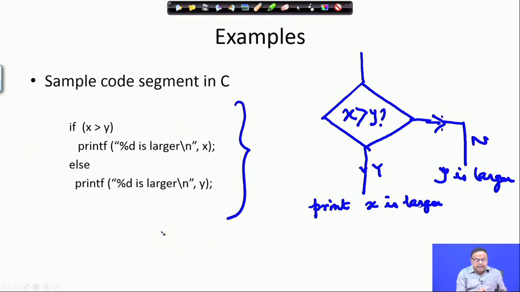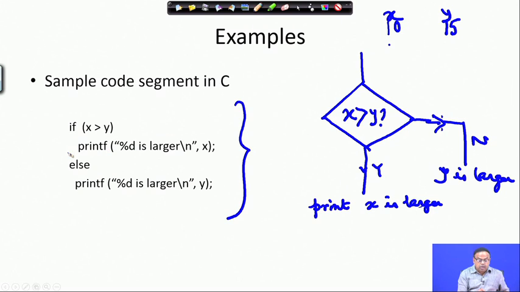Here you see, this part we have not discussed, but it is very intuitive, you can understand. If x is greater than y, I print dash is larger, then what will come here? The value of x. So, I will print, say x is 10 and y is 15, then what will be printed here? 10 is not greater than 15.